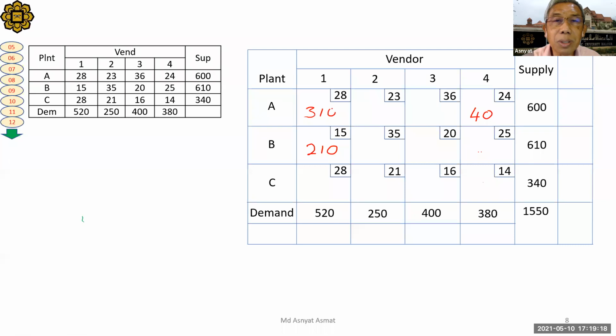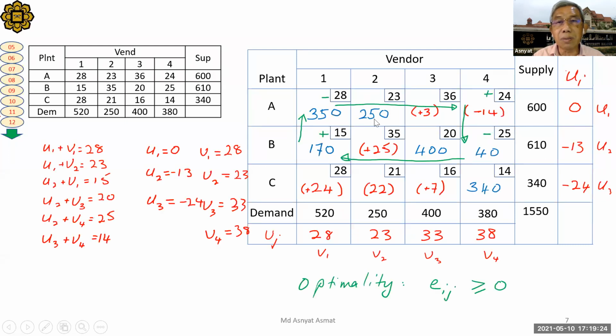So the total is still 520. And the others are not affected. Like here 250 not affected. This one not affected. 250, 400, 340 remain the same.